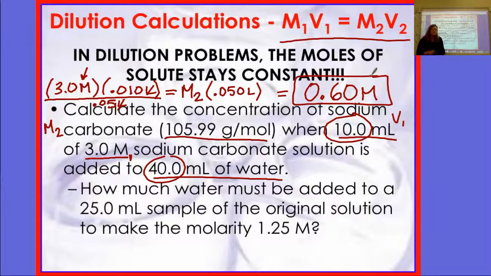M2 must always be less than M1 when you're diluting because you're adding water. Part 2 of this problem. How much water must be added to a 25 milliliter sample of the original solution? My original solution was up here, 3 molar.